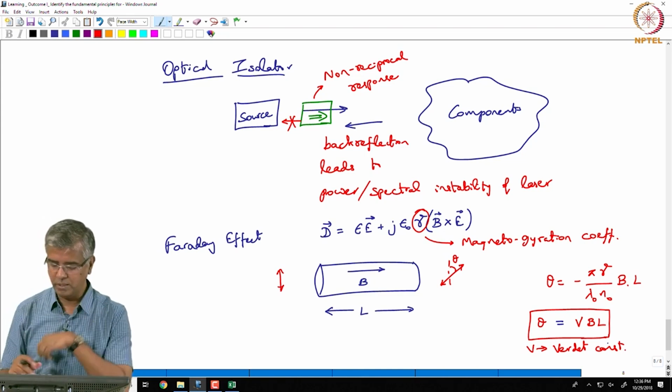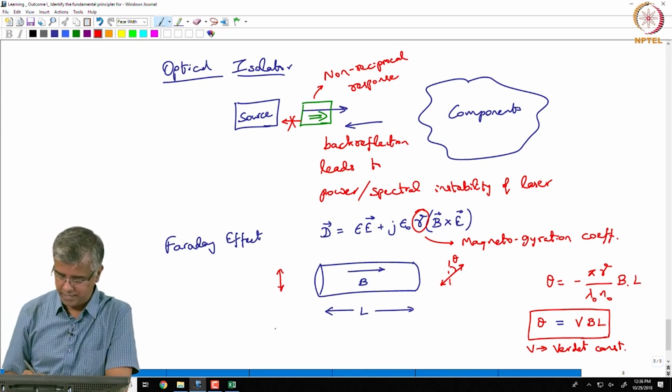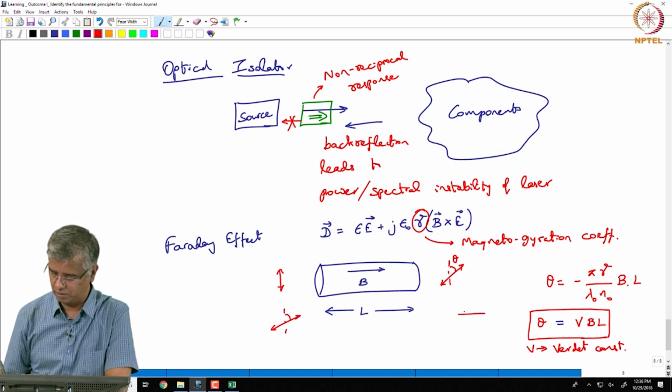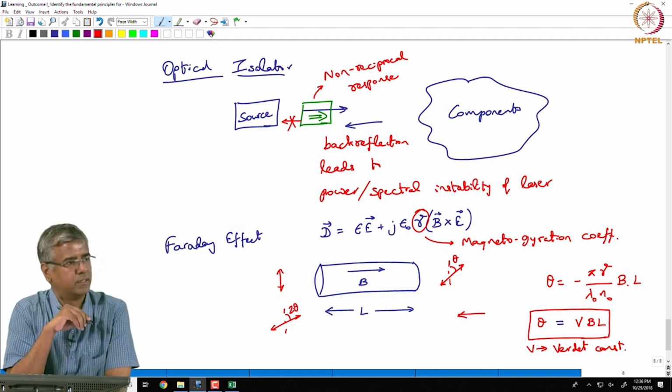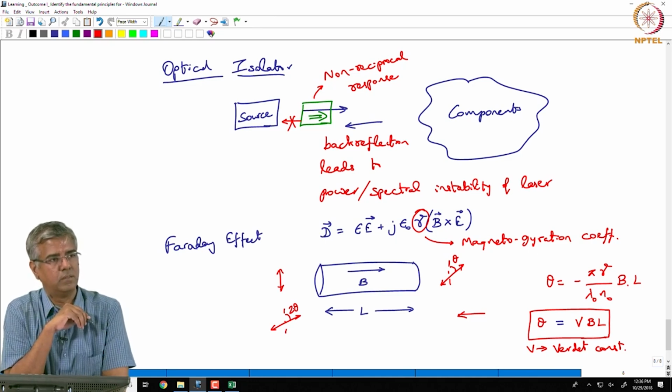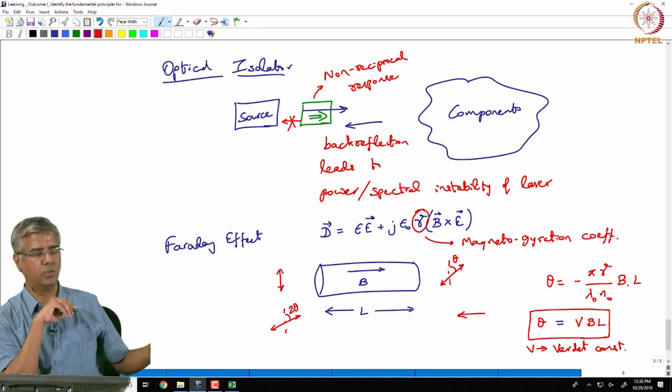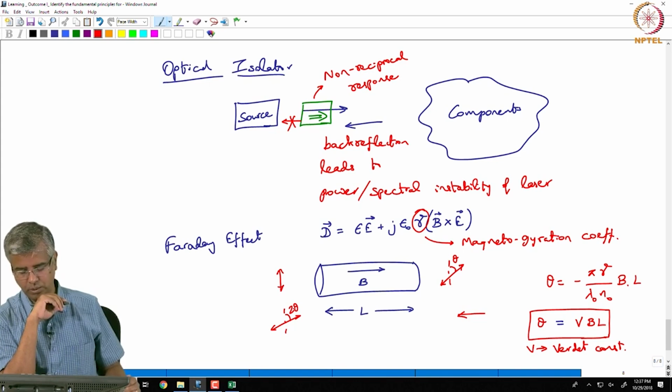So, for the Faraday effect, this magneto-gyration effect, if you came in with that polarization, you would have gone out with 2 theta as the polarization of the light going toward the left.